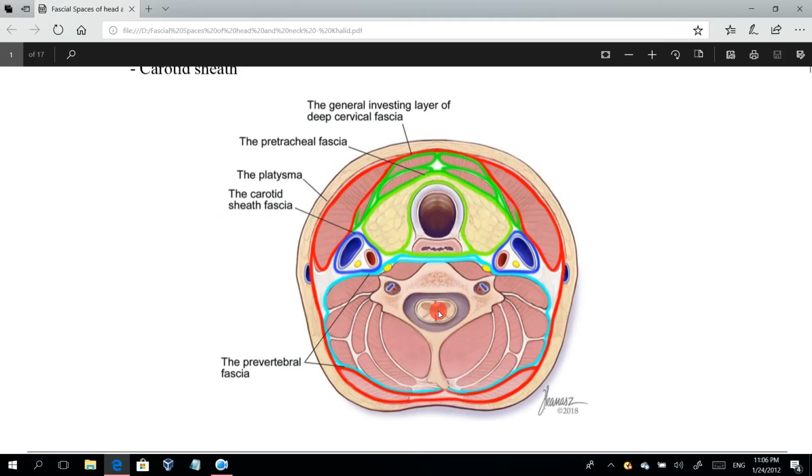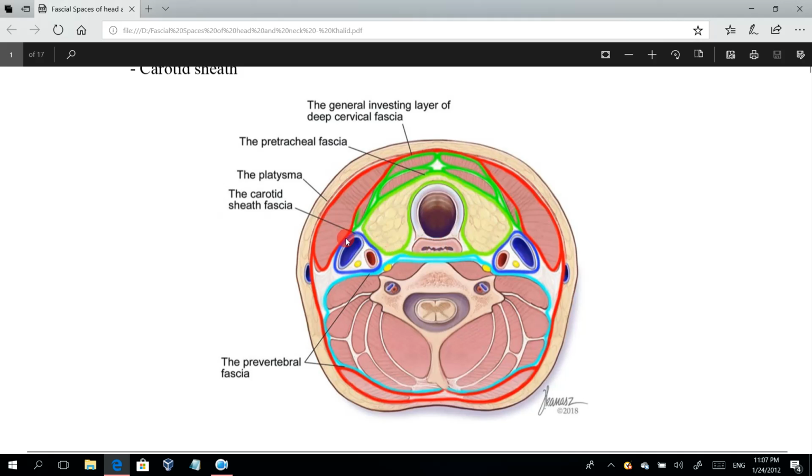This is the spinal cord, and this is the spine of the vertebra. Anteriorly we have this opening, the trachea. Behind the trachea, posterior to the trachea, we have the esophagus, or if the section is higher up, we have the pharynx, which is above the esophagus.